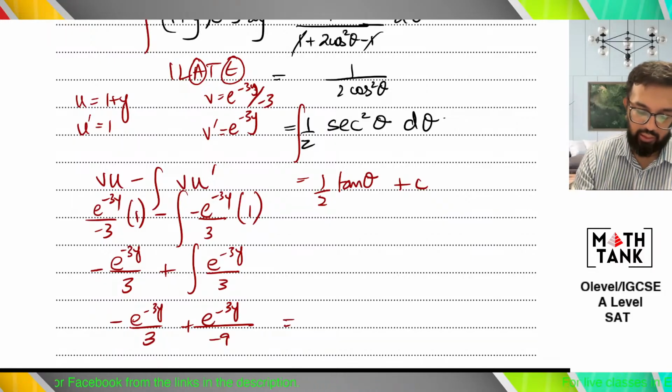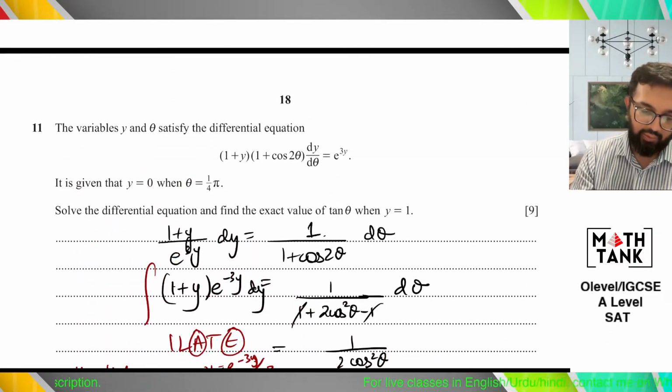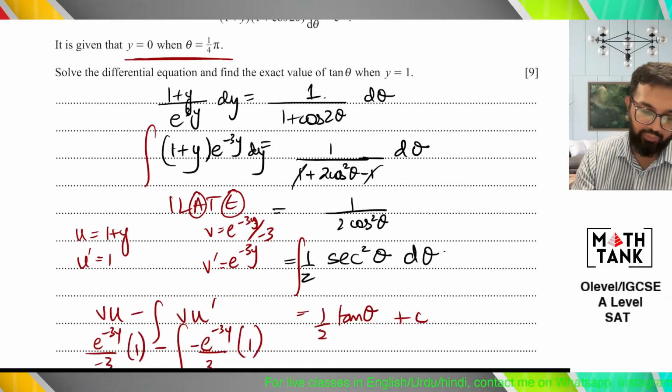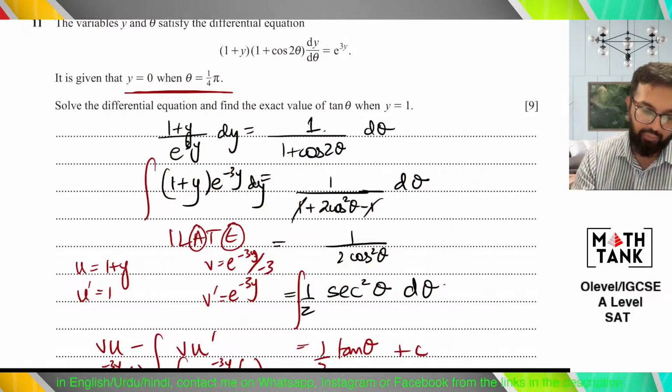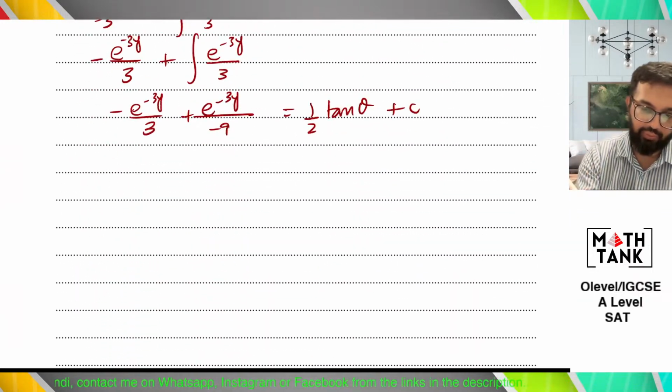And I have half tan theta plus c. What does it say? It says y is 0 and theta equals pi over 4. And then find tan theta when y equals 1. Theta equals pi over 4 and y equals 0.